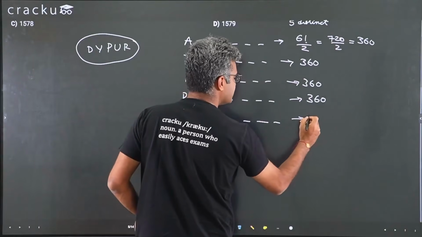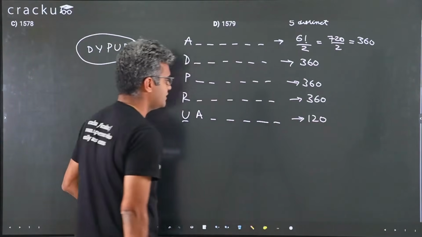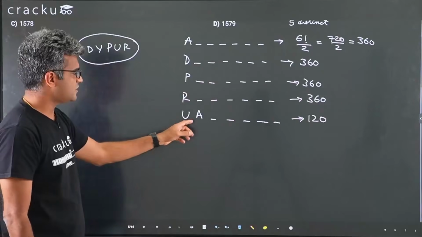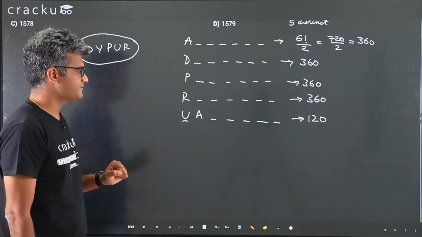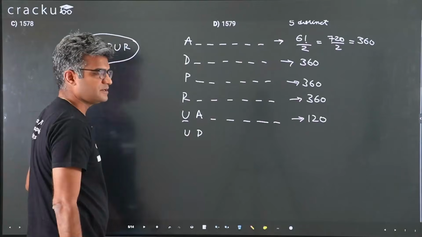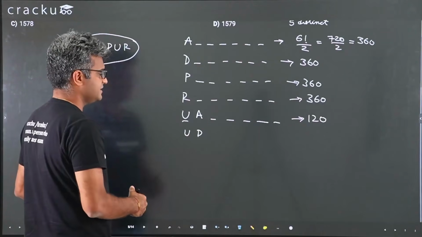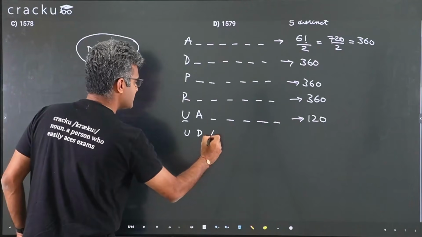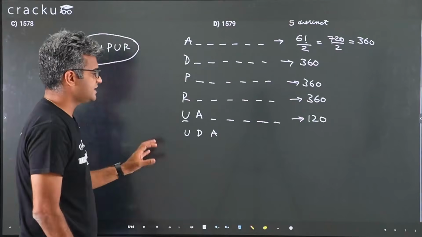All of these 120 are ahead of Udaipur in the dictionary because all of them will have the second letter as A. After that, we are going to get U and D, and the first letter in the dictionary is A, so it will be over here. Now, what are the letters which are remaining?